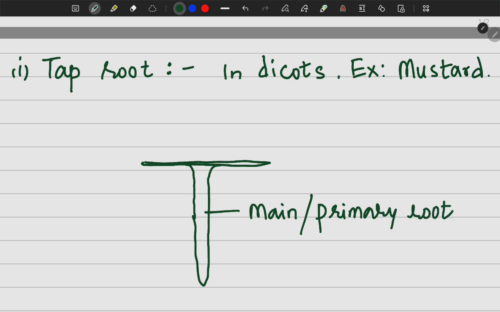There is one main primary root which is very long deep into the soil, and from this main root several other roots arise. These are called lateral roots. So these lateral roots can be of different order, like the ones coming out of the main or primary root are called secondary roots.